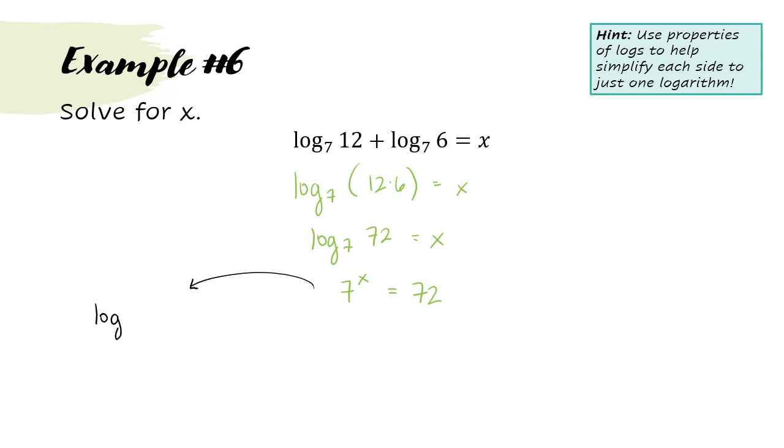You've got a button for that on the TI 84. On the TI 89, you have to press little diamond and then 7. And then inside the parentheses, we would type 72, the value we're taking the log of, comma, and then 7, the base of the log. And we close those parentheses and press enter.